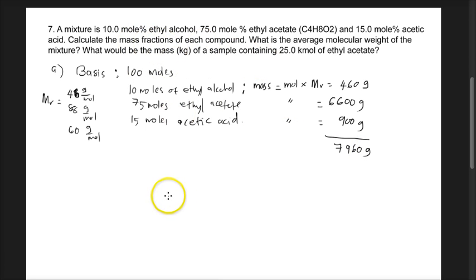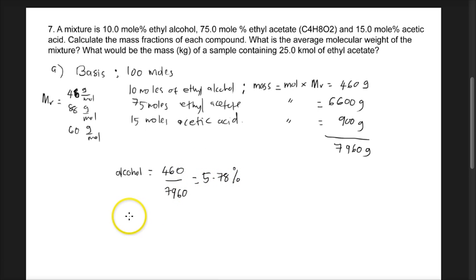So for the mass fraction, we can calculate for alcohol: 460 divided by 7,960, and we'll get about 5.78%, which is when you multiply by 100. This is just a rough value.